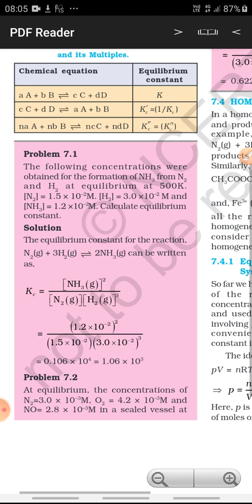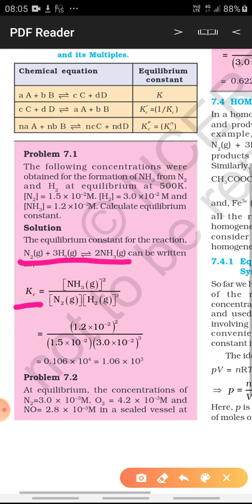Now children, this equilibrium equation can be used to solve questions like the one given here. See, the following concentrations were obtained for the formation of ammonia from nitrogen and hydrogen at equilibrium at 500 Kelvin. The concentrations are given. You have to calculate the equilibrium constant Kc.